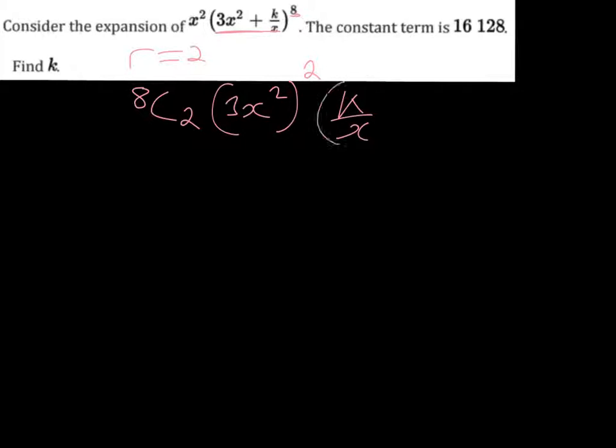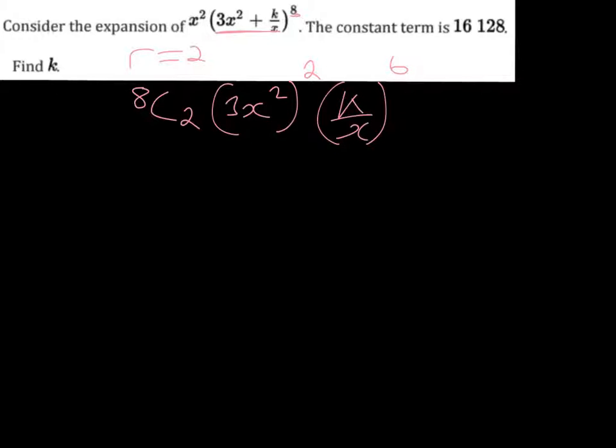So now we know that r equals 2, we can complete the binomial expansion of this section. Our power is 8, so we're going to be looking at 8 choose 2, (3x squared) all to the power of 2, because we found previously that r equals 2, and we're going to multiply that by (k over x), all to the power of 8 minus 2, which is 6.